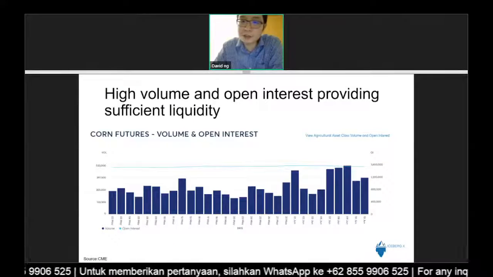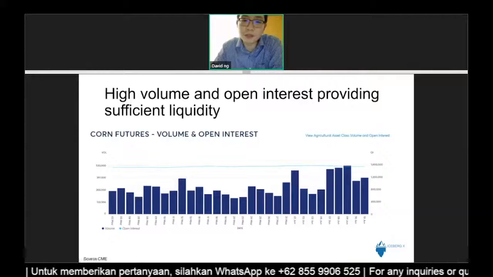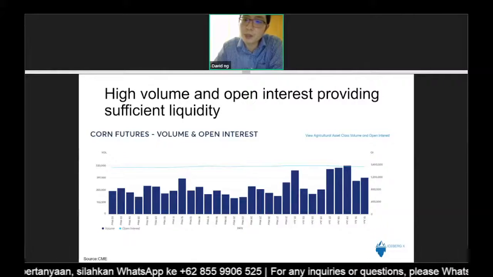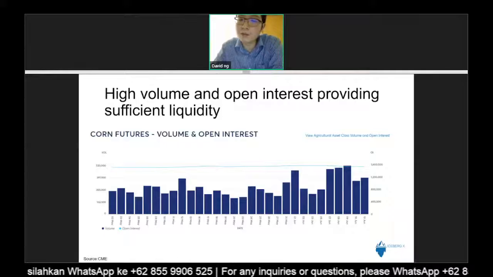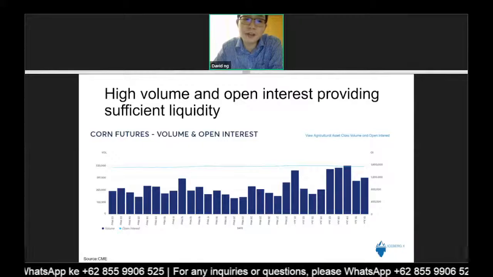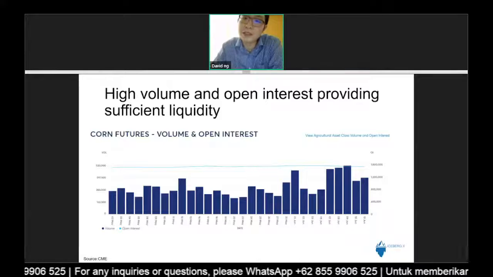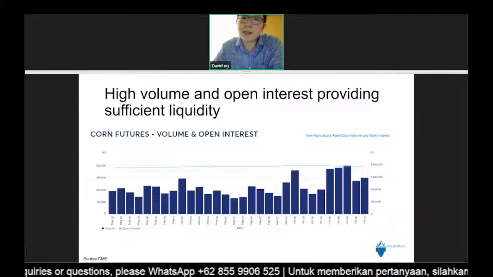I always get this question a lot from the audience: is there a market, is there liquidity, is there volume in the CME market? If you look at corn itself, on an average daily basis, you're looking at more than 100,000 contracts traded easily. So there's no issue of liquidity at all. In fact, the market is very liquid.